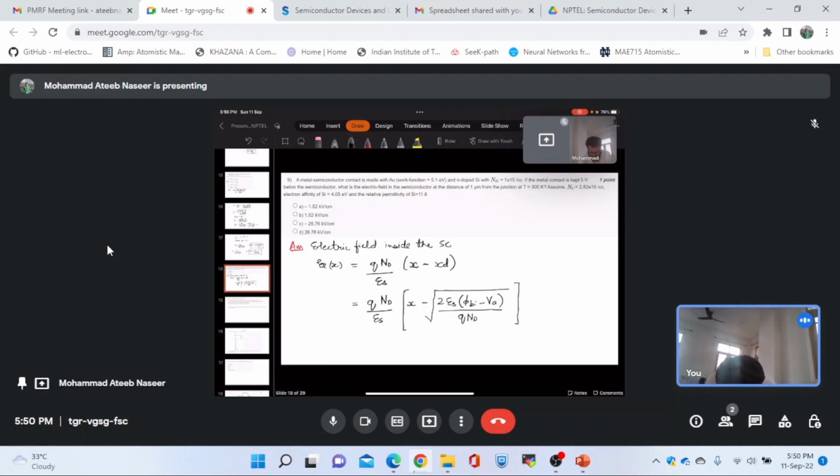The built-in potential phi bi is equal to phi b minus phi f, where phi b is the Schottky barrier height.